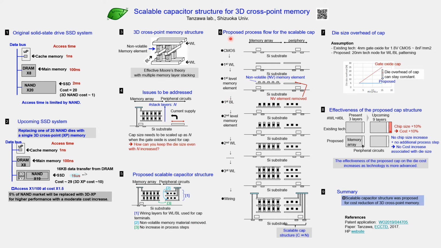One example of how to implement that structure is like this. You place CMOS in the memory array side and also the periphery side. The transistors in the memory array side will be transistors for decoding circuits or sensing amplifiers.